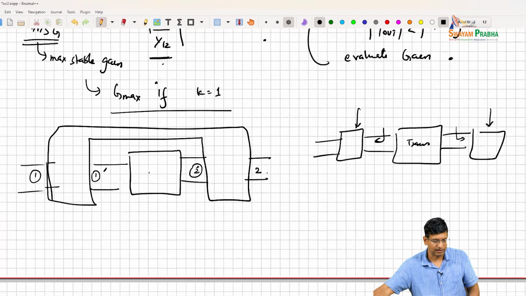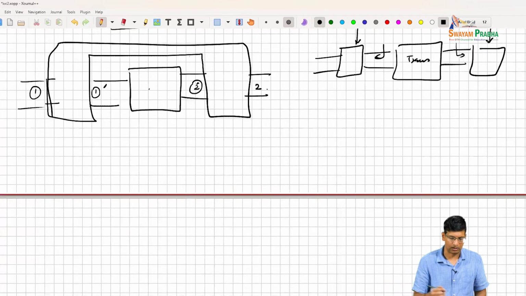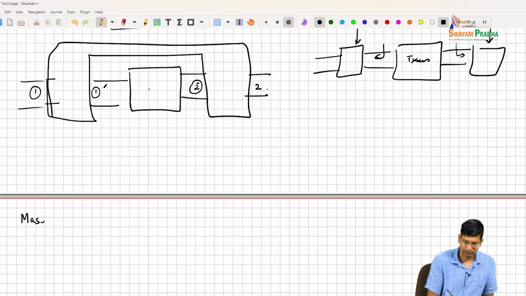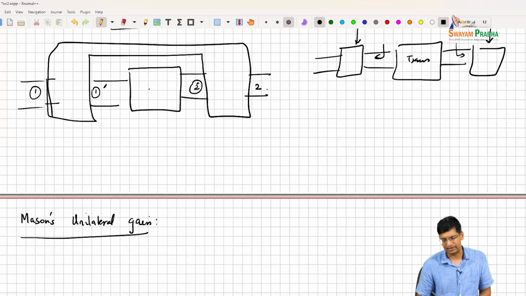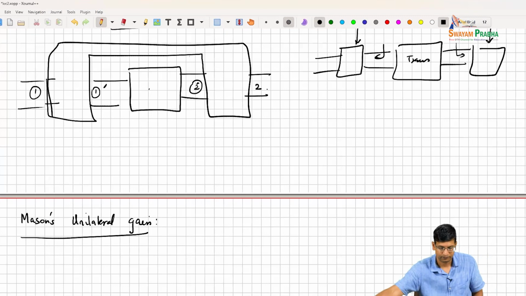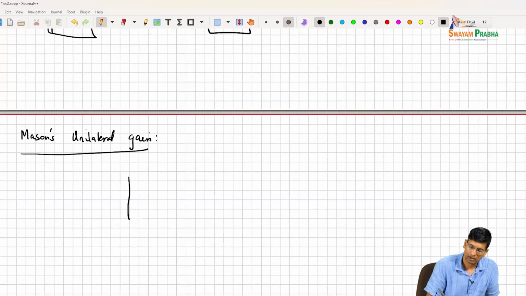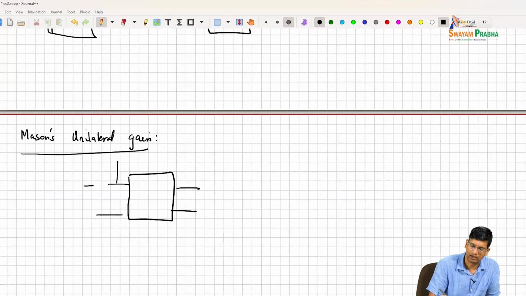There is another gain that people talk a lot about, which is called Mason's gain or Mason's unilateral gain, right? And what this gain basically talks about is that you have your transistor, right? You have your transistor, and then you put some network around, right, over here.